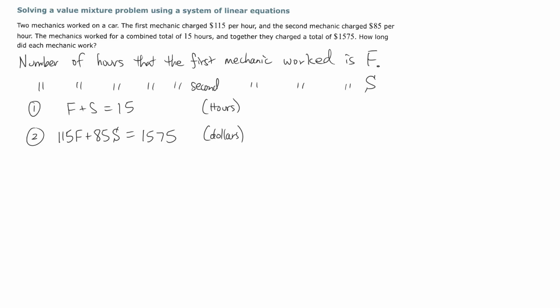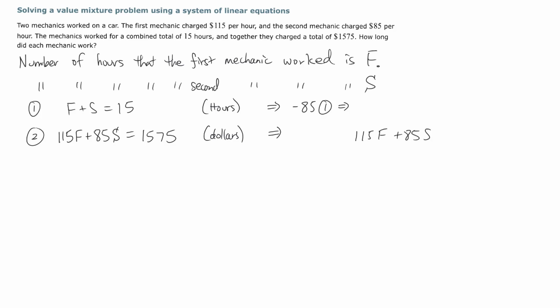And then, of course, from here on out, you could solve this any way you wish, whatever suits you the best. I typically like the addition method, so I'm actually going to do negative 85 times equation 1 and actually rewrite this. And then I'm just going to rewrite equation 2 right here.